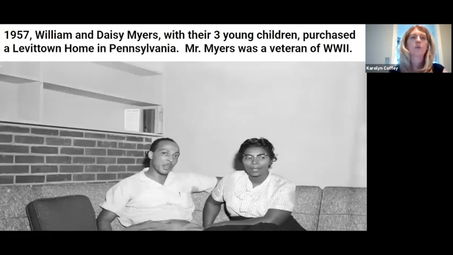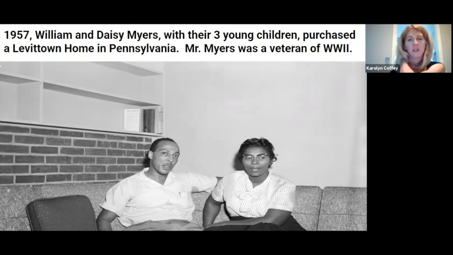I have a specific example, 1957, of William and Daisy Myers, who are able to move into one of the Levittown suburbs. They actually buy their home from a Jewish family that's willing to sell them the home. They are horrifically terrorized by the white neighbors there for at least 9 days. There's a cross that's burned on their home. They are victims of horrific racial slurs, people gathering in front of their homes, blaring music at all times of the night.